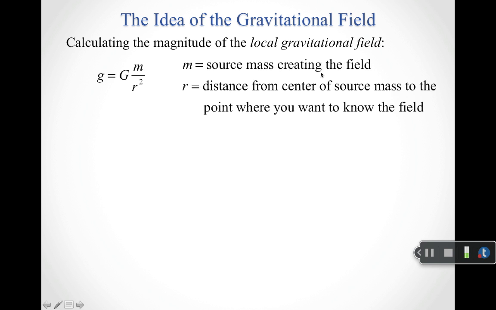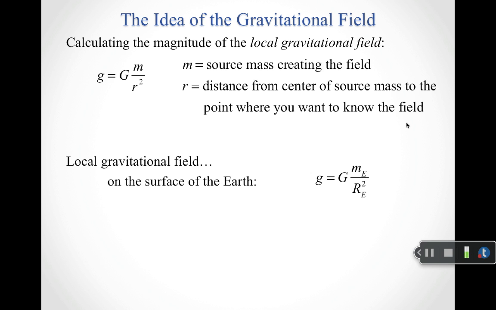It means the same thing. The source mass is what causes the acceleration that you feel. R is now the distance from the center of your source mass to the point where you want to know the field. So instead of being the distance from the center of your mass to where you want to know the acceleration, it's exactly the same thing to say, the distance from the center of the source mass to the point where you want to know the field.